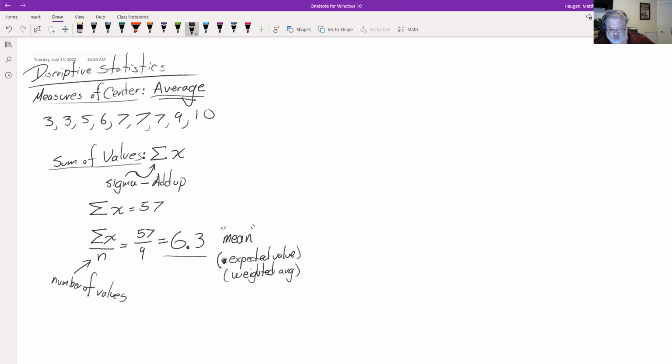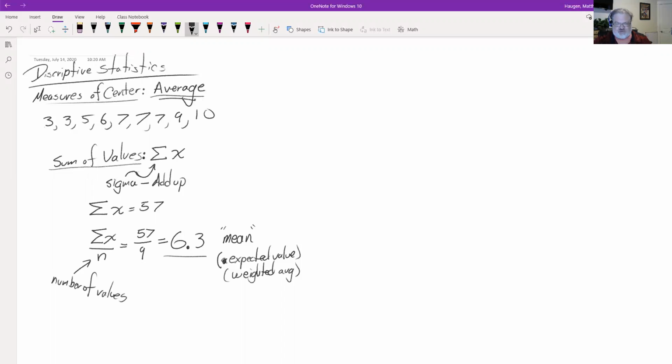Now, one of the reasons it's called weighted average, and what makes the mean special, is it's finding that sense of center based on the values of the numbers we have. So it's taking into account the fact that that biggest number is a 10, the smallest number is a 3, that there's a value of 5 in there.